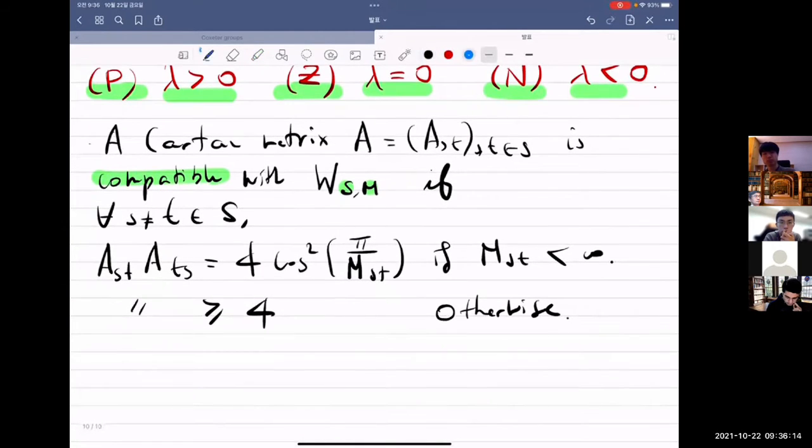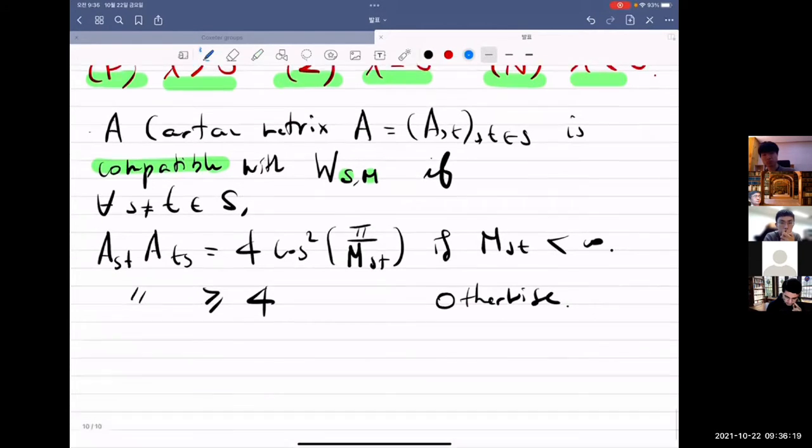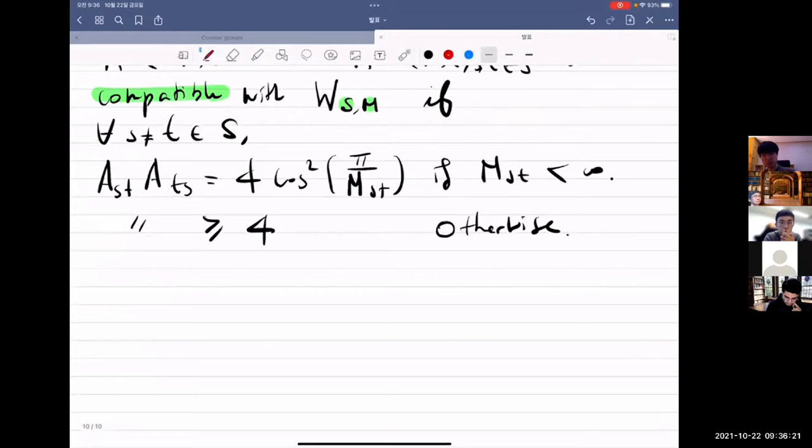Okay, so now we have this nice Cartan matrix, and we want to give a nice reflection group. To do that, I first define the pre-Coxeter polytope.